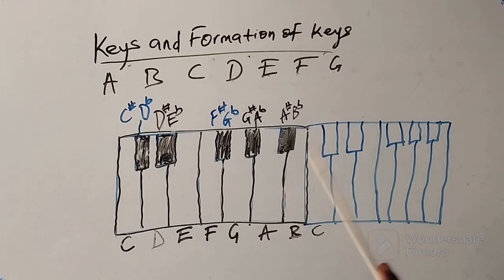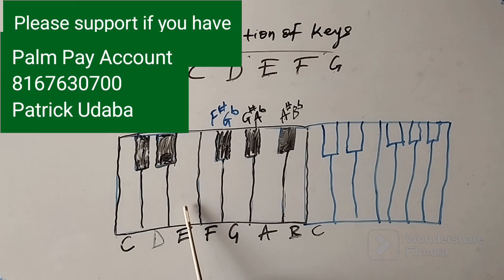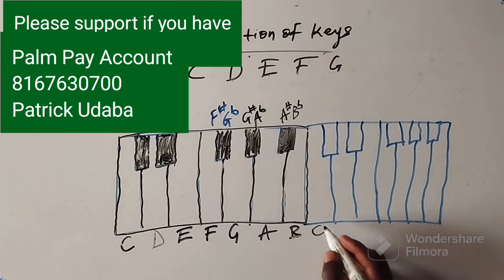What flattens C one semitone is this B. So B and C, they are helping themselves. So B flattens C and C sharpens B. Unlike this one now, where F sharpens E and E flattens F. So this C is the first upper octave.